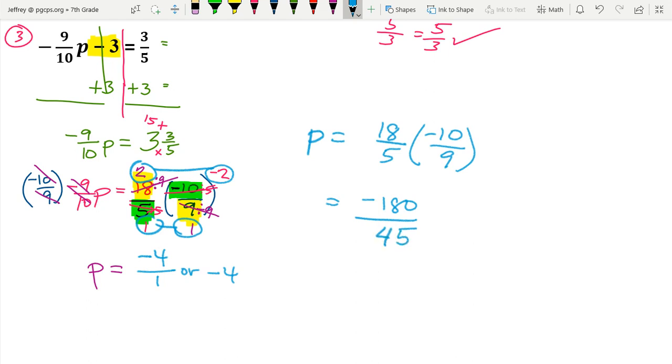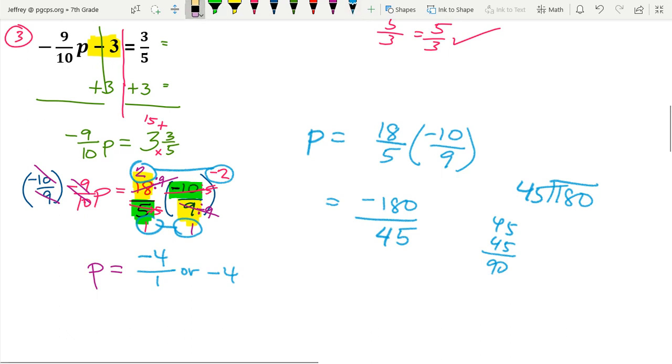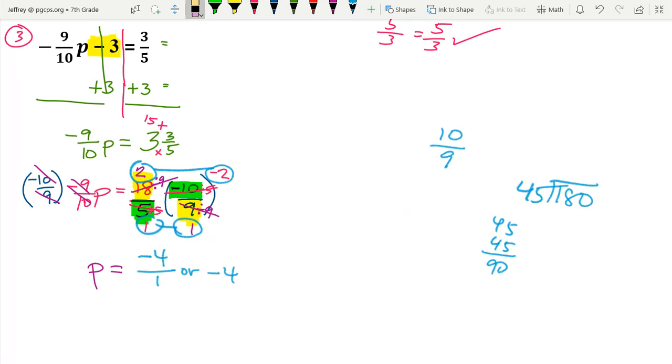Now we need to simplify, so you do long division, 180 divided by 45. Or you can say 45 plus 45 gives me 90, so 2 of those gives me 180. So it's going to be negative 4. That's a lot of process versus just doing the cross simplifying, but you can do that too.